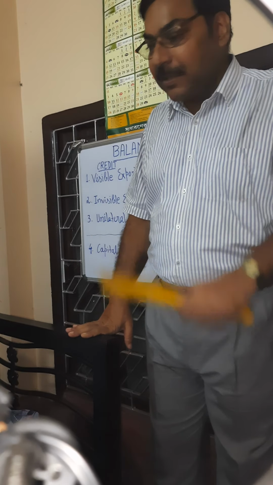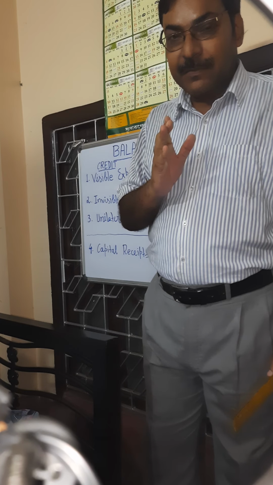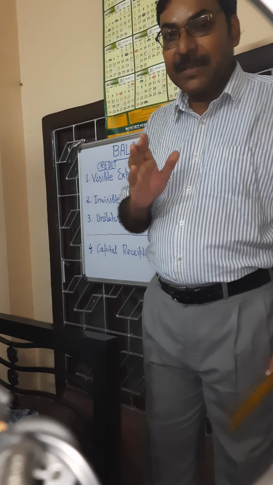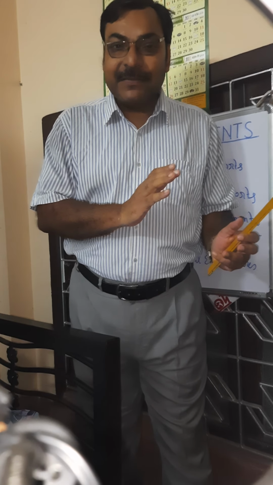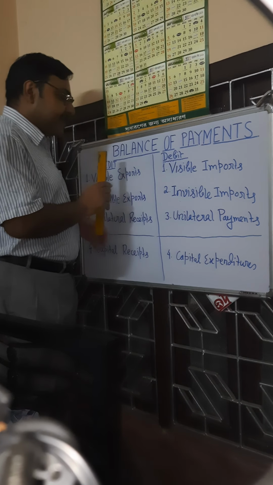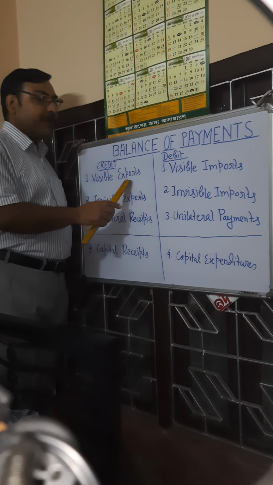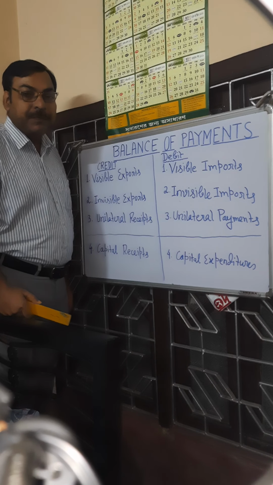Now, after this discussion, only one thing we are to mention, we must clear before we conclude today's discussion. That is the difference between balance of trade and balance of payment. We have talked about balance of trade. It is the balance of visible exports of goods and visible imports of goods.